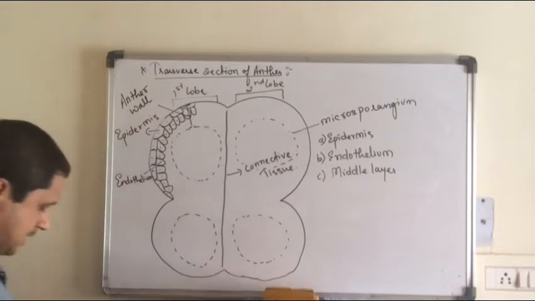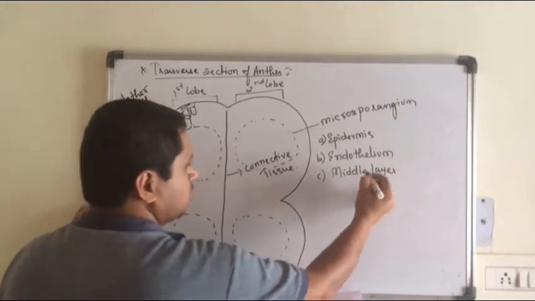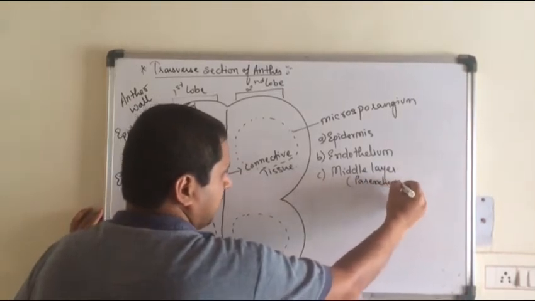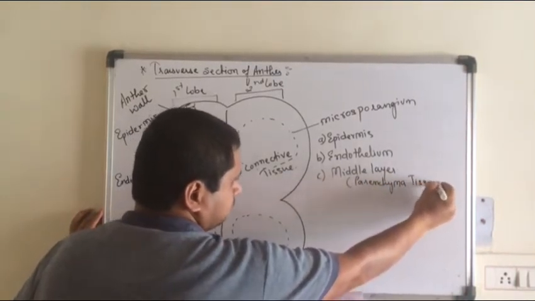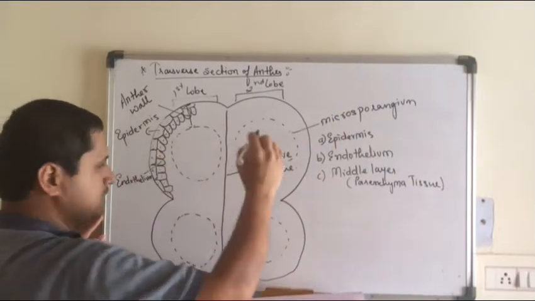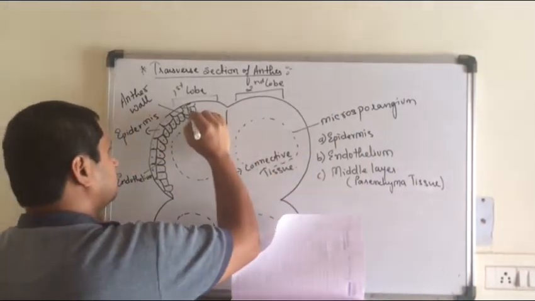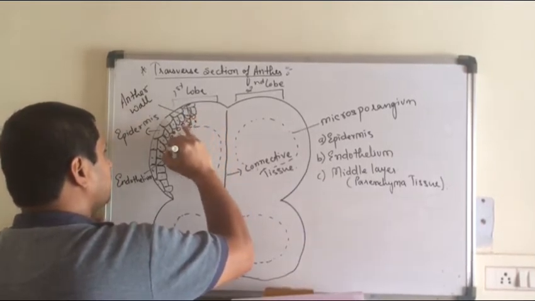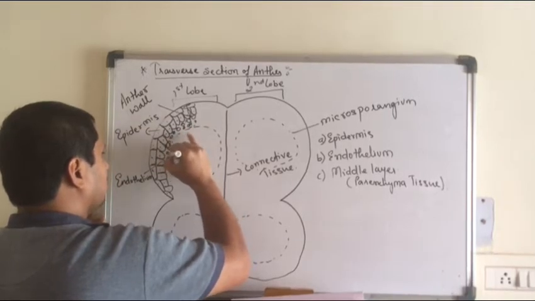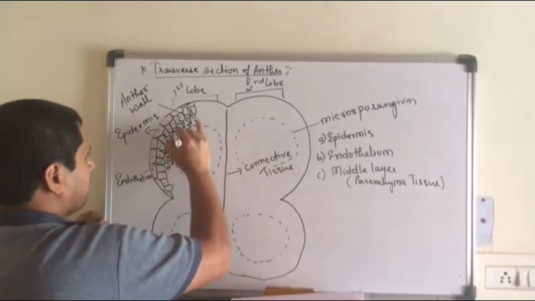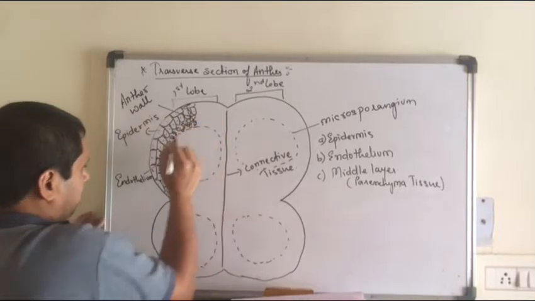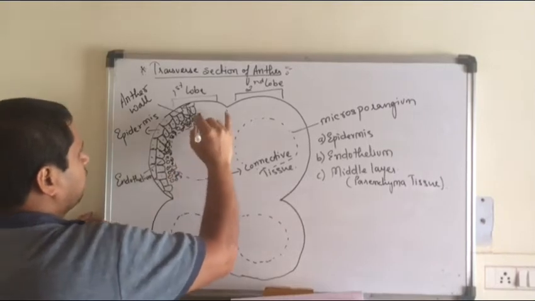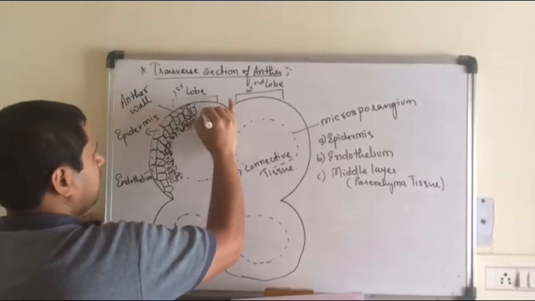This middle layer is made up of parenchymatous tissue. They are loosely arranged in the form of 2 to 3 layers. So these are the middle layer.